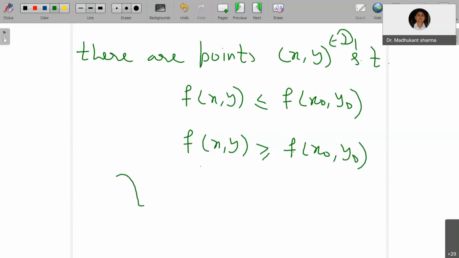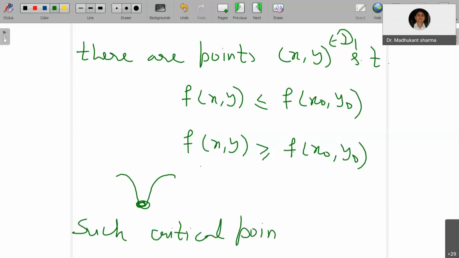The situation is like this: you have a point where you can identify a disk in which you will certainly have upward and downward points. This defines a saddle point. Such a critical point is known as a saddle point.